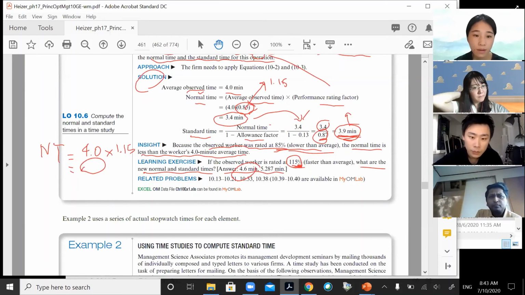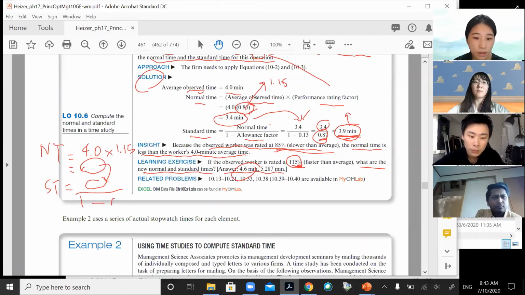So you get the answer. Standard time is equal to this answer divided by 1 minus 0.13. Also, you can directly give like 115%. So that is also another way. Up to you how you are going to do it.